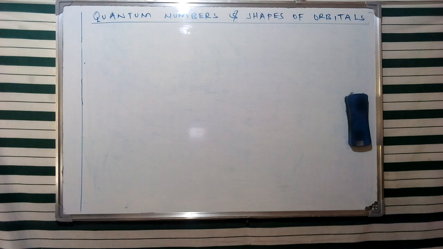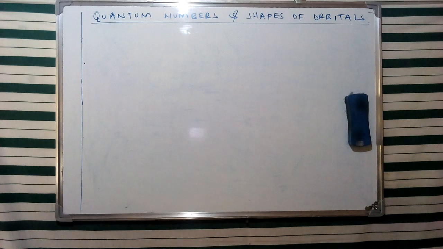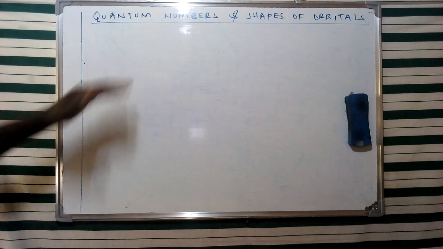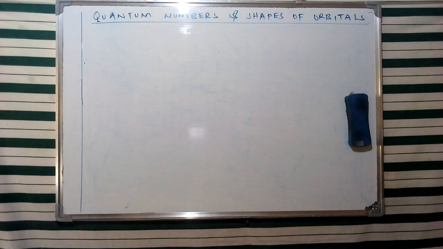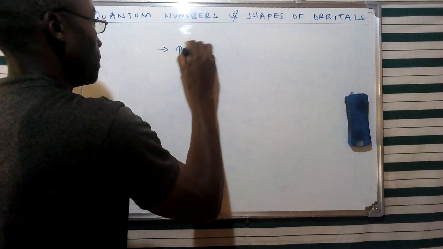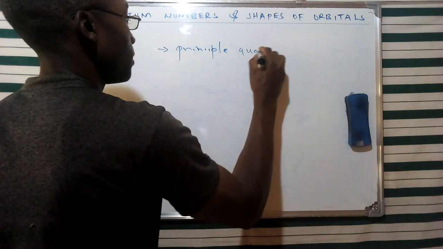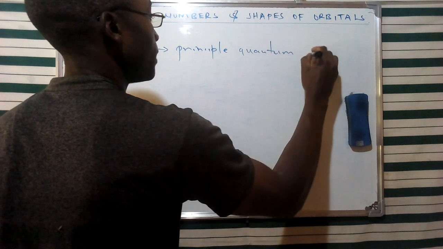Now, I mentioned earlier that each orbital of various atoms is going to be described by a set of specific quantum numbers. I mentioned a number of quantum numbers from our previous discussion. The first one is the principal quantum number, which we designated using the letter n.